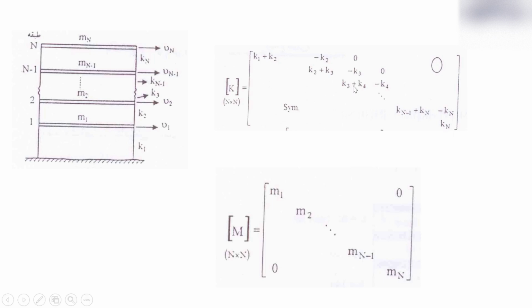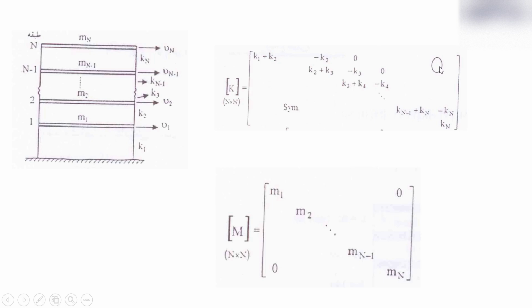And this diagonal has an adjacent diagonal here, like minus K2, minus K3, minus K4 goes to minus Kn, and the rest are 0 here. So you have only the main diagonal like this and one line here, and everything here should be mirrored for the bottom part of the matrix, which means the matrix is symmetric.